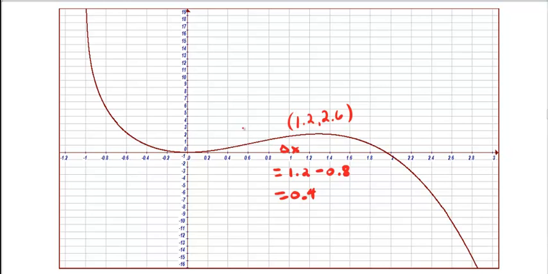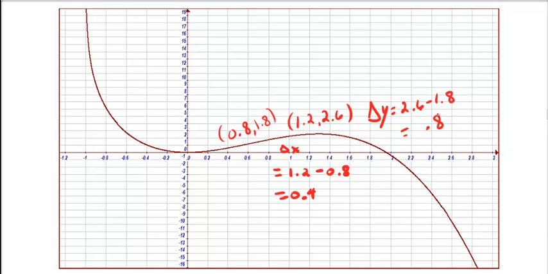And this point is 0.8 exactly for the x, but what's the y? Approximately, well, let's see, that's 1, that's 2. We're up close to 1.8 or 1.9. I think it's about 1.8. Now, of course, there's some estimation and approximation going in there. So delta y is 2.6 minus 1.8.